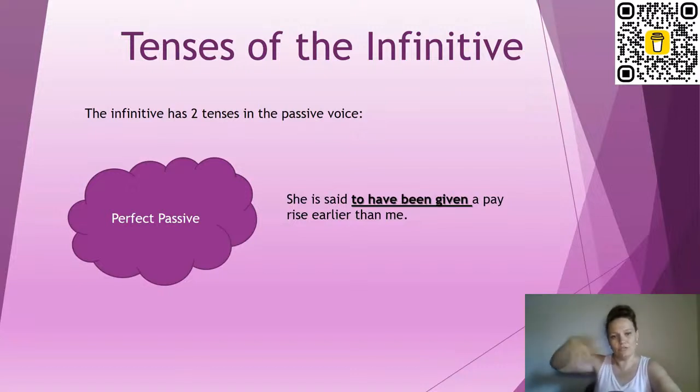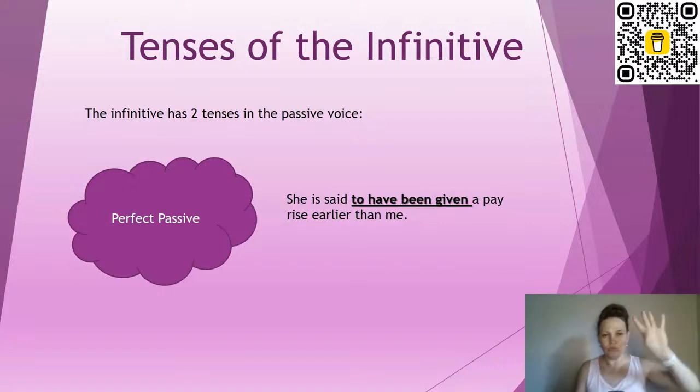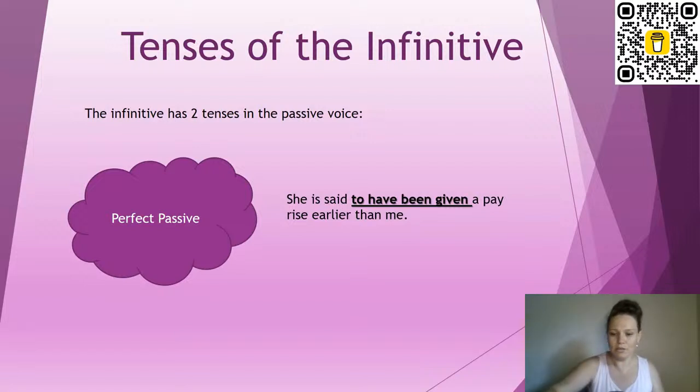And the whole situation refers to the past. She is said to have been given a pay rise earlier than me. So we have looked at four tenses of the infinitive in active voice and at two tenses of the infinitive in the passive voice.